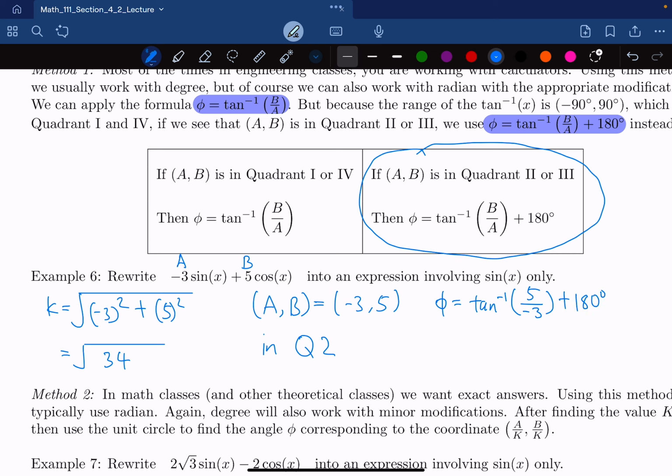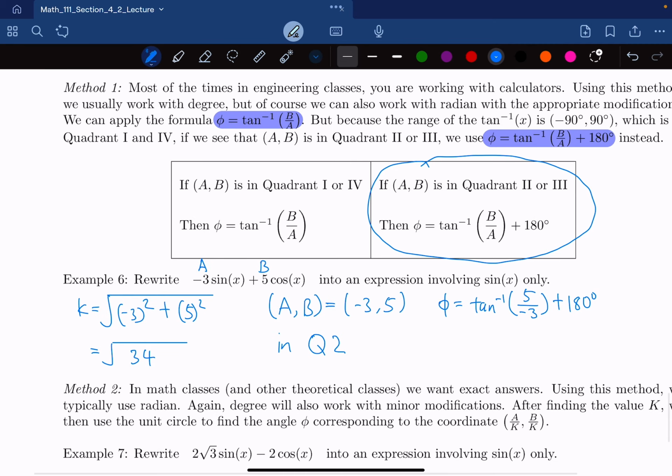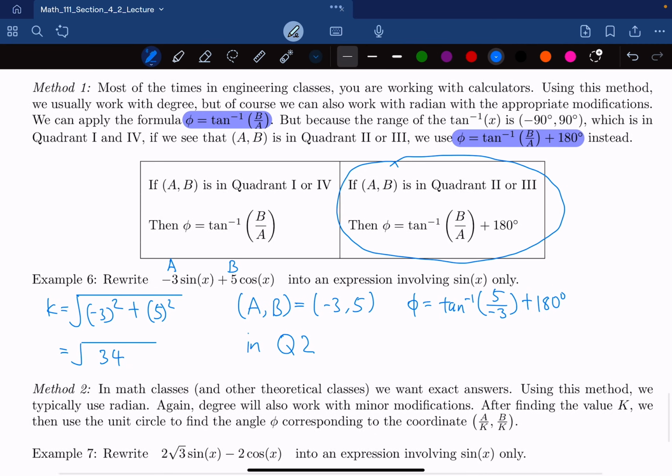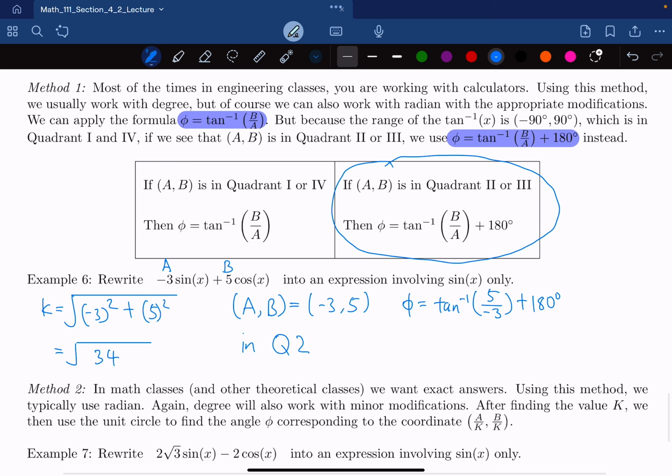Most of the time when you're working on this problem, you will need degree measurement. You can use radians, of course, but for the majority of these purposes, you will be using degrees. So make sure your calculator is in the right mode, otherwise you're not going to have a good time. So tangent inverse of 5 over negative 3, plus 180 degrees.